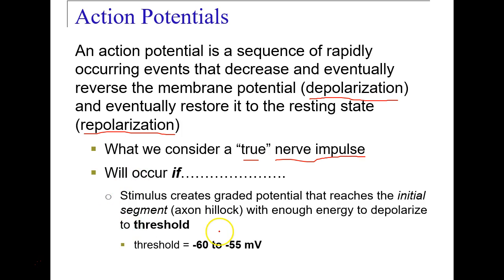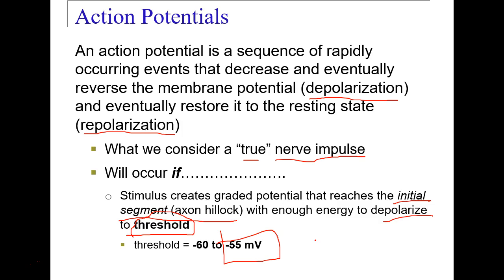This will only occur if the stimulus creates graded potentials that reach the initial segment, or the axon hillock, with enough energy to depolarize to threshold. So the big keyword here is threshold, which is going to be negative 55 millivolts.